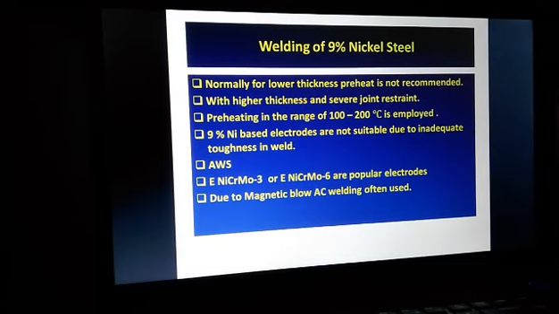AWS ENiCrFe-3 or ENiCrMo-6 are popular electrodes. Due to magnetic blow, AC welding is often used.